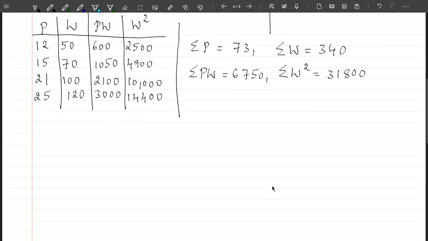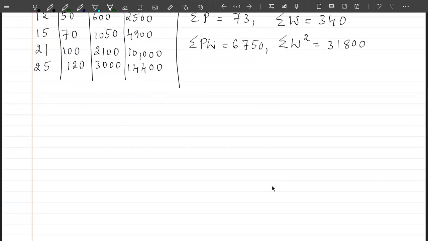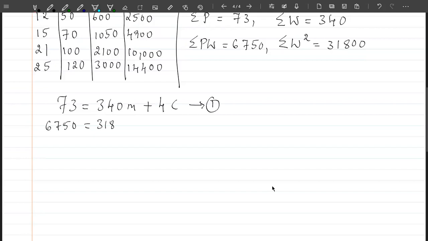So now let's write the normal equations. The normal equations are 73 equal to 340M plus 4C. Let this be the first normal equation. Second normal equation is 6750 equal to 31800M plus 340C. Let this be the second normal equation.